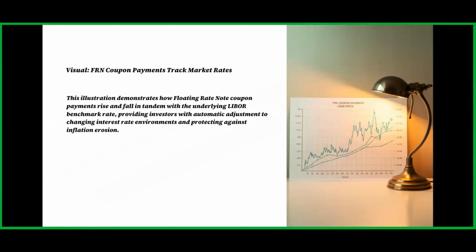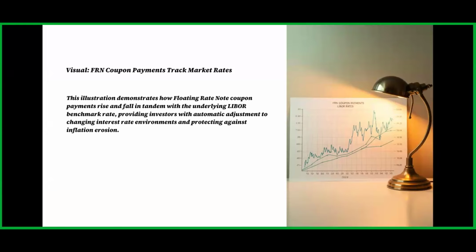But as we know, when the LIBOR rate or the floating rate goes up in the upcoming years, the coupon payment made by the company rises. If you see, the slope of the graph is upward sloping. So this illustration demonstrates how floating rate note coupon payments rise and fall in tandem.